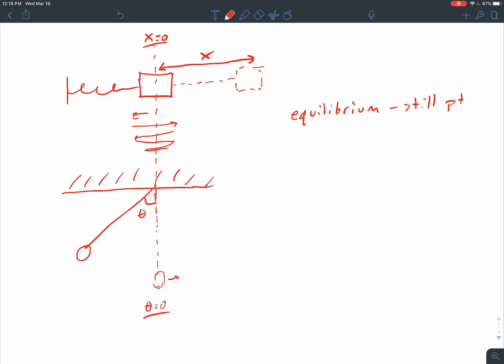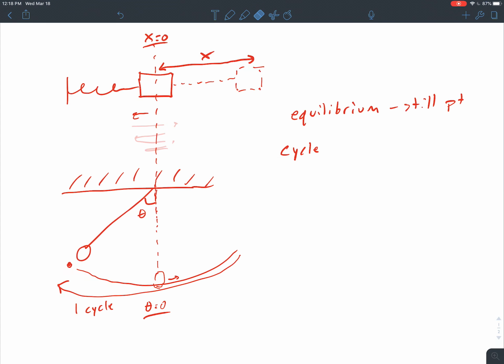Now we'll get to cycle. It is where it touches every point. When we talked about circular motion, one full revolution is one full time around. But a cycle, for the pendulum, if it starts here, goes all the way over here and all the way back, that's one cycle.